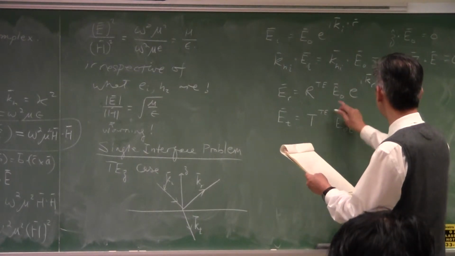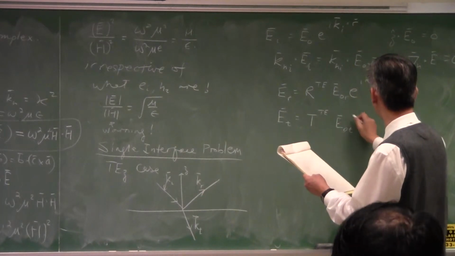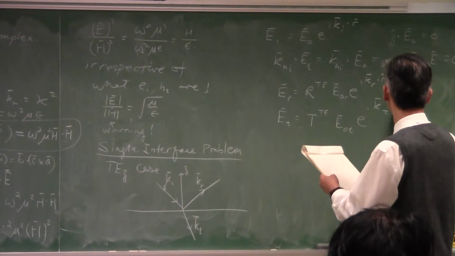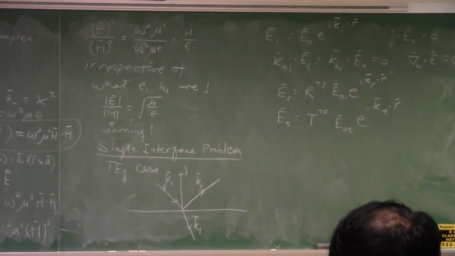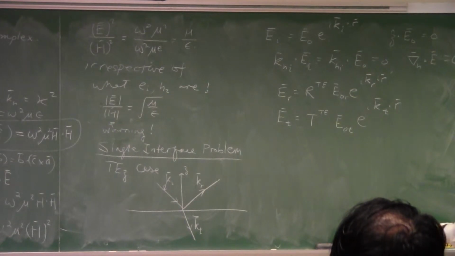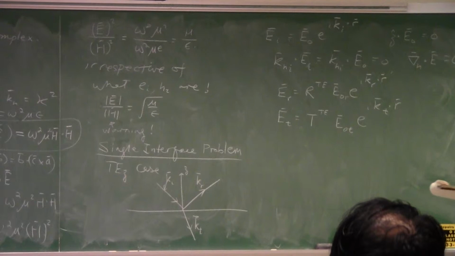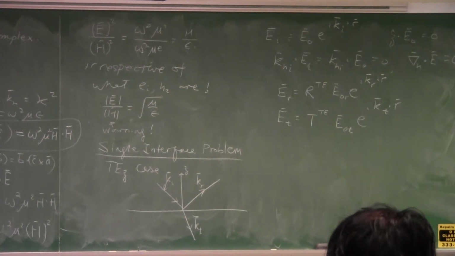Let me assume that these are not the same to begin with, and prove that actually they have to be the same. So the transmitted wave is something of this form, and assume that E naught R and E naught T are not the same as E naught to begin with, but let me assume that they have to be the same finally.